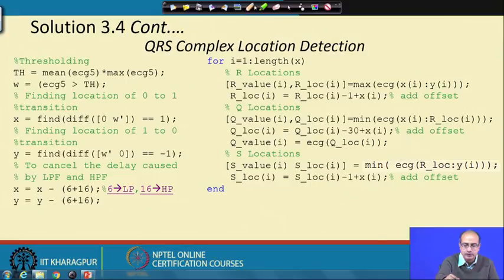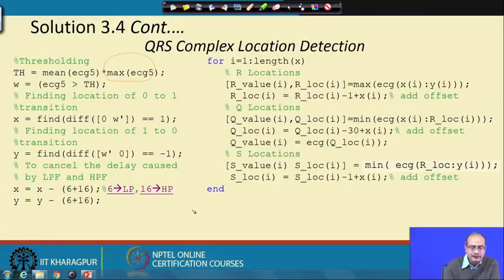The threshold is nothing but the mean of the ECG signal, and again a scale is given. We have taken the max, so that 50% of the ECG signal should come, because we have already taken this as 1. So, we are just taking a threshold.